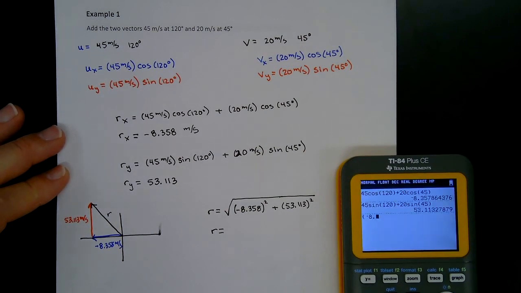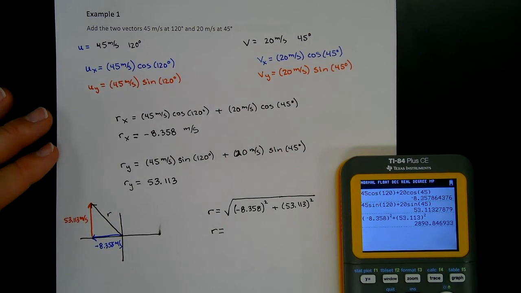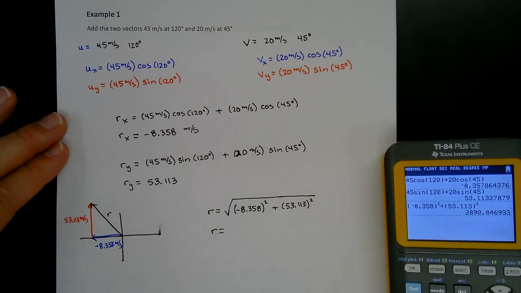Negative 8.358, and parentheses around it, because it's a negative value, you've got to put parentheses around it. And then squared. I keep saying that because that's a common mistake, okay? And then parentheses, and then 53.113, and then squared.